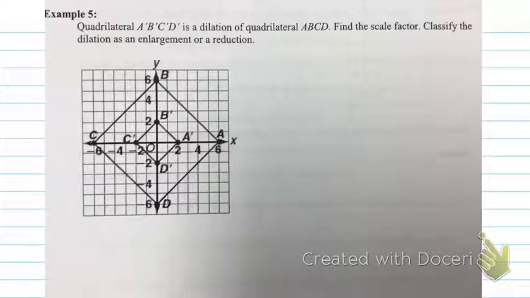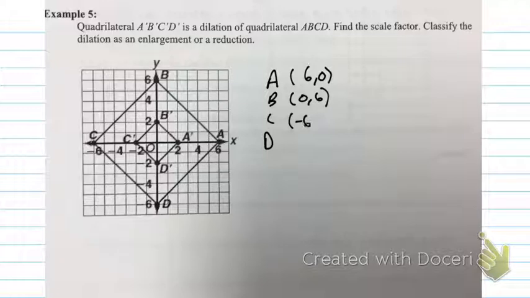All right, guys, so let's get organized. So A, B, C, D. My points are 6, 0, 0, 6, negative 6, 0, and negative 2, 0. And I've got A prime, B prime, C prime, D prime.